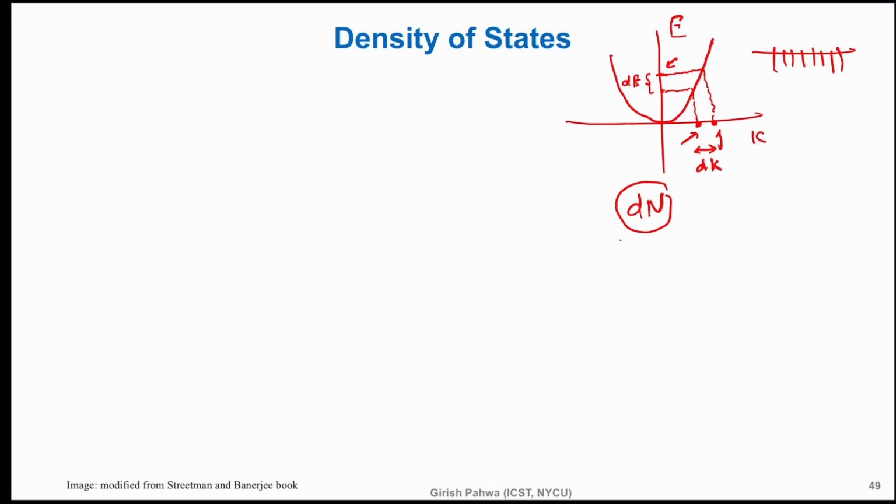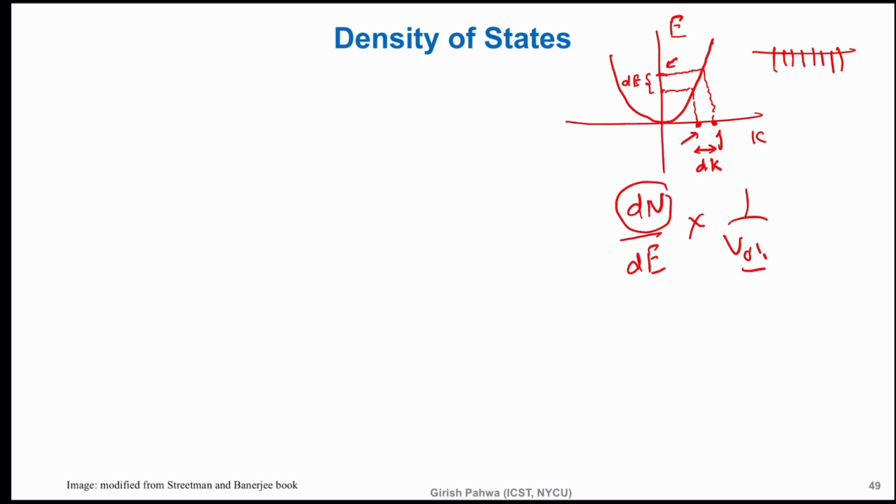So per unit energy means dE, and per unit volume of the sample. If it is 1D, it will be length, in 2D it will be area, in 3D it will be actual volume. That's the mathematical definition. You count the states, divide by the energy interval dE, and then divide by the volume.